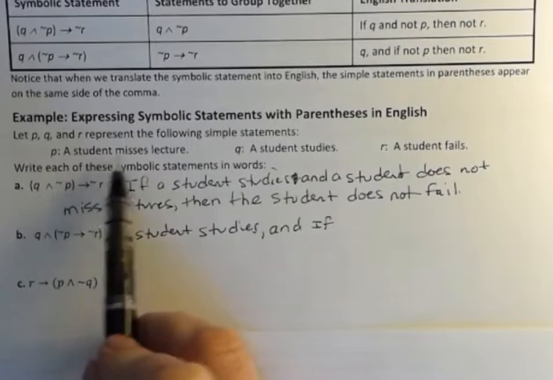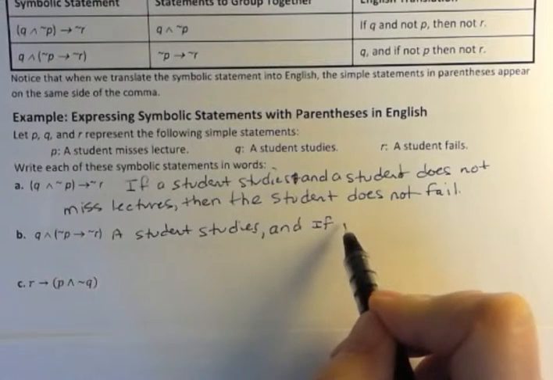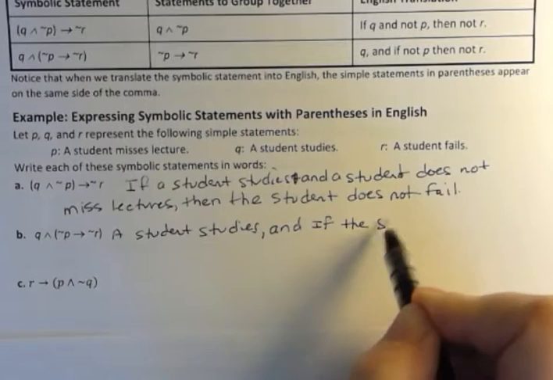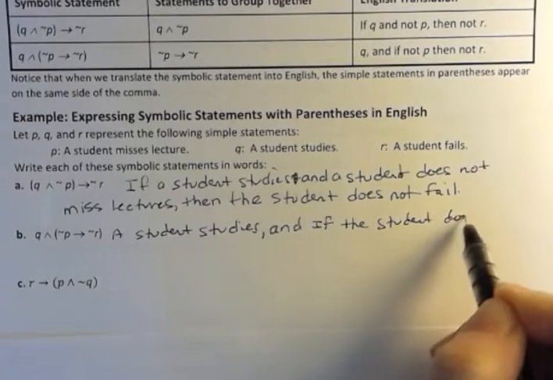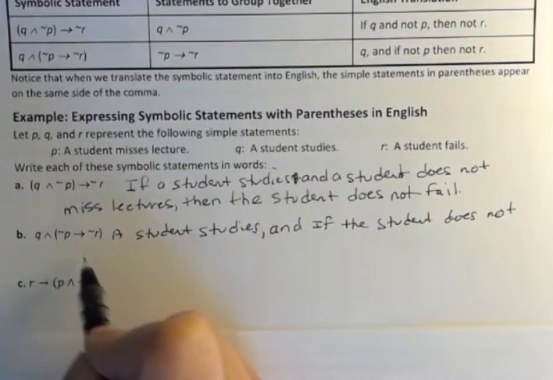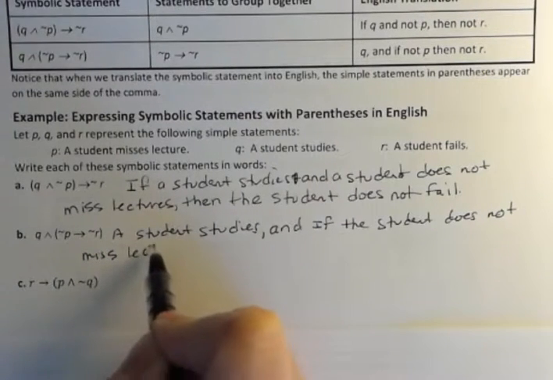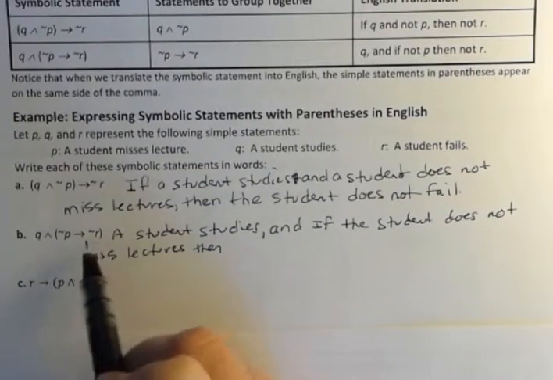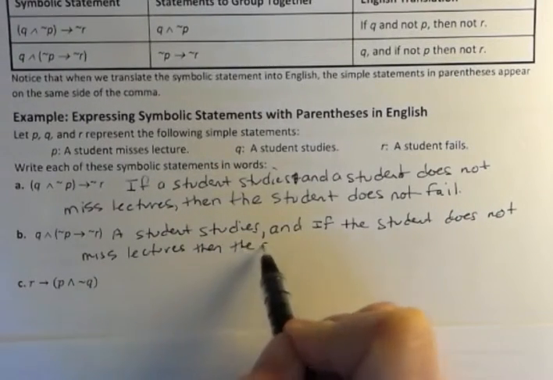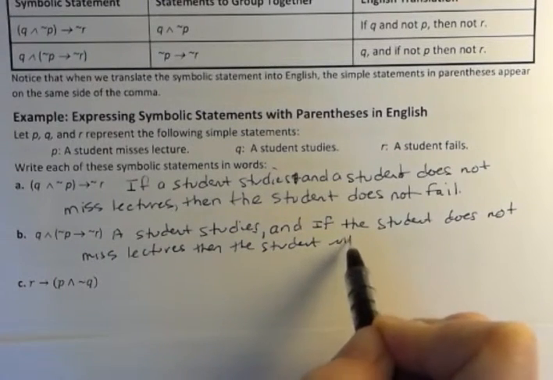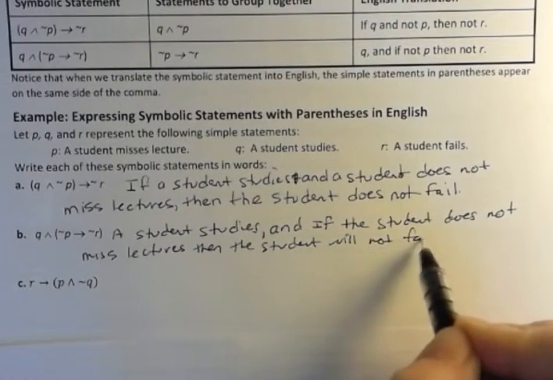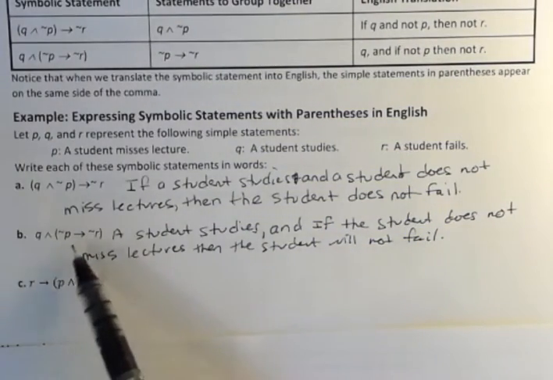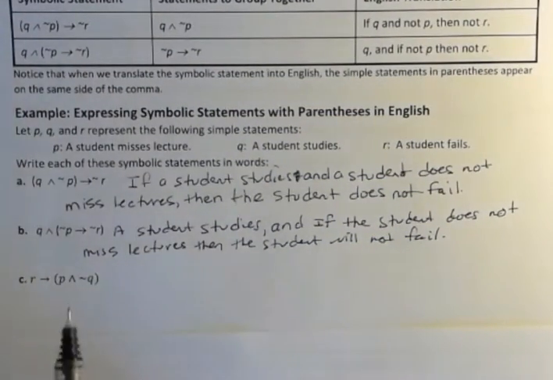Well, that's if they don't miss a lecture, and if the student does not miss lectures, then that student will not fail. It's easier going, I think, from symbols into English than going the other way. See if you can do this one. I'll give you a second. I won't write it out, but I'll say it in a minute. You write it down.